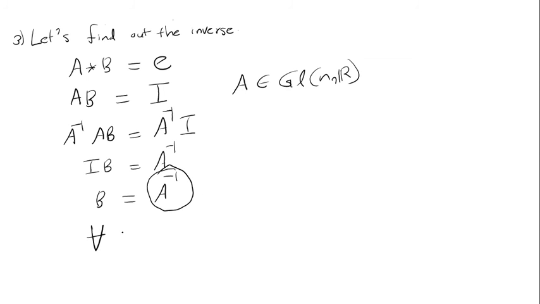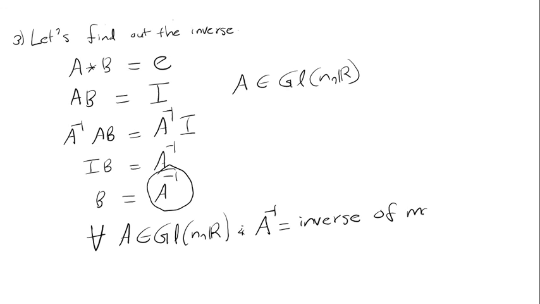So for every A in GL_n(R), its inverse, A inverse, is the inverse of matrix A. So now we can conclude that this is a group.